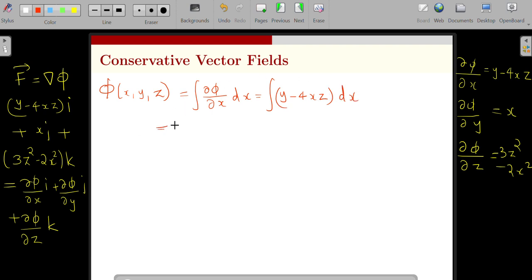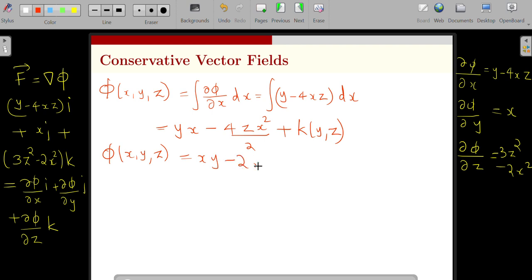This is yx minus 4z times x square by 2, plus, since the integration is with respect to x, the constant of integration will be a function of both y and z. So phi of xyz is equal to xy minus 2x square z plus a function k of y and z. This is our equation 1.